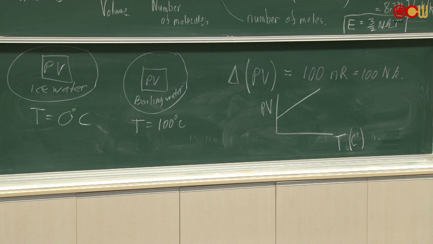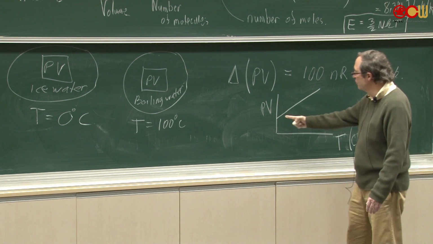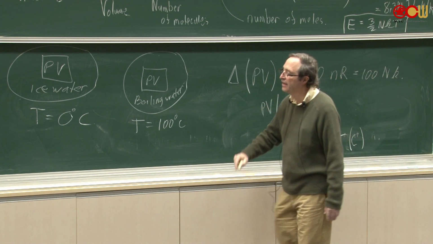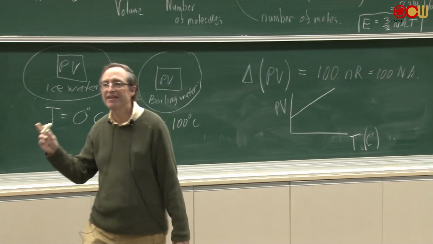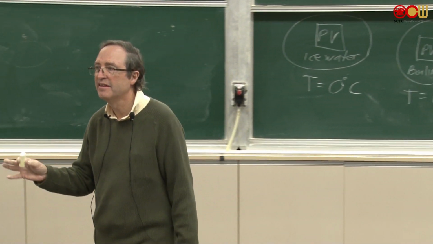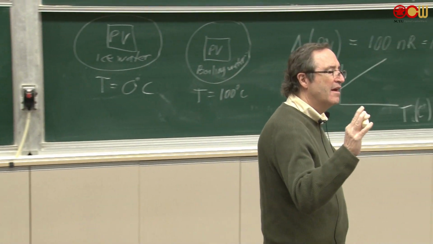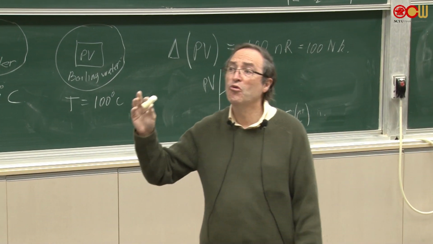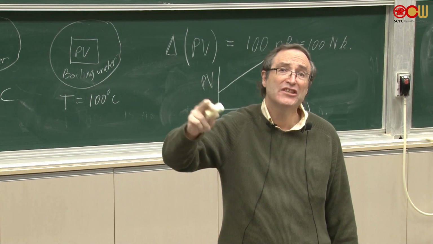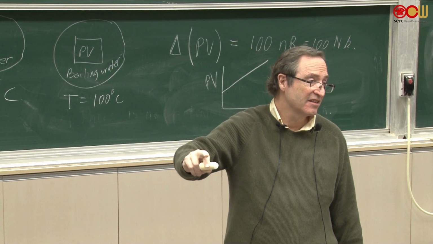Okay? That's pretty obvious, right? Because P times V at T equals 0 degrees centigrade is not 0. Also, just one thing I forgot to say. I'm talking about the pressure inside the gas.